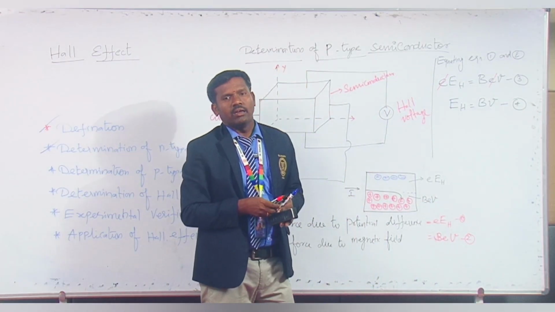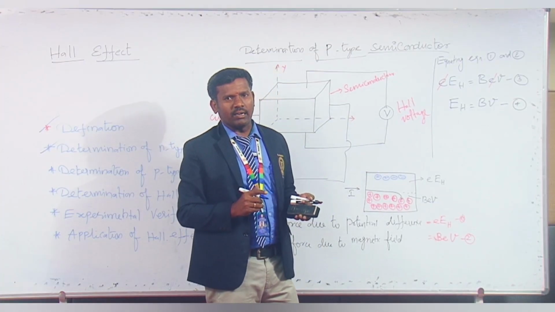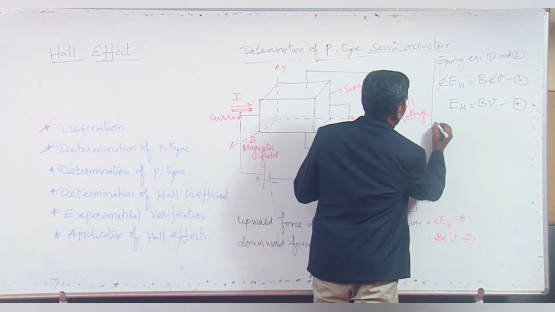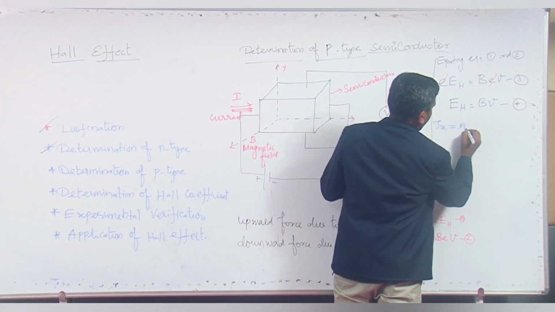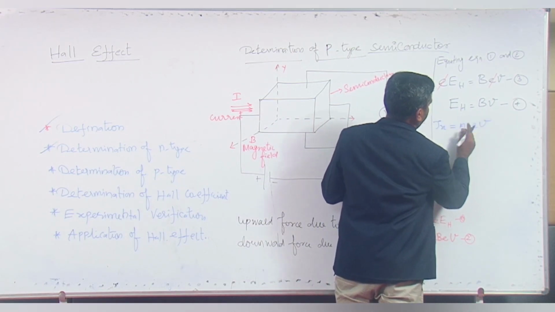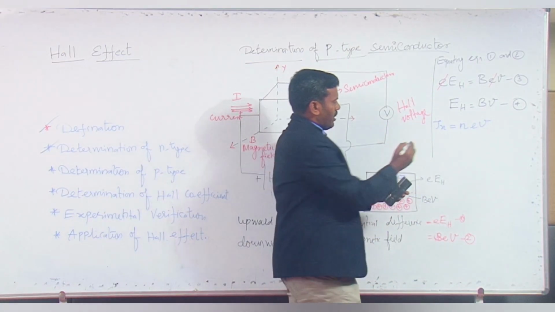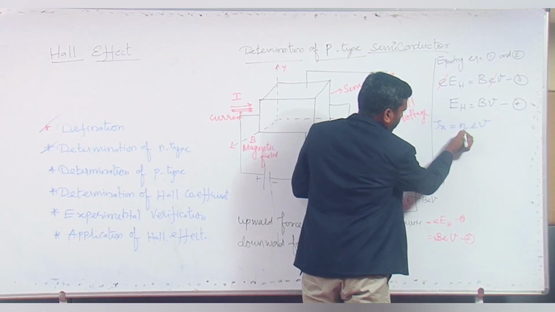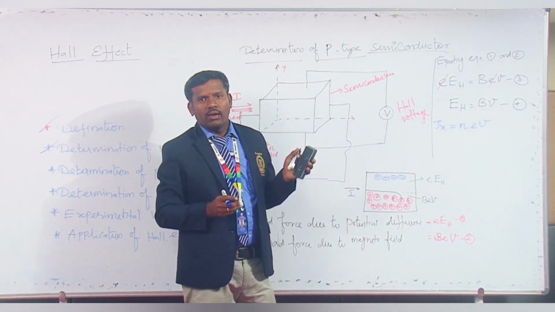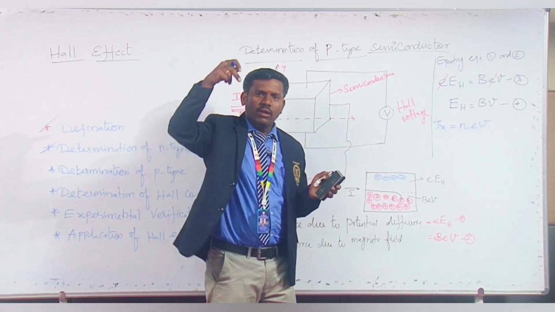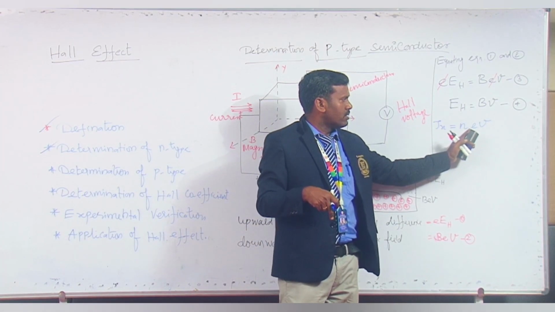Already you know the current density in terms of velocity: the current density Jx is equal to NEV. In the case of an n-type semiconductor, we indicate a negative sign, minus NEV, because the potential difference appears towards the negative y direction.